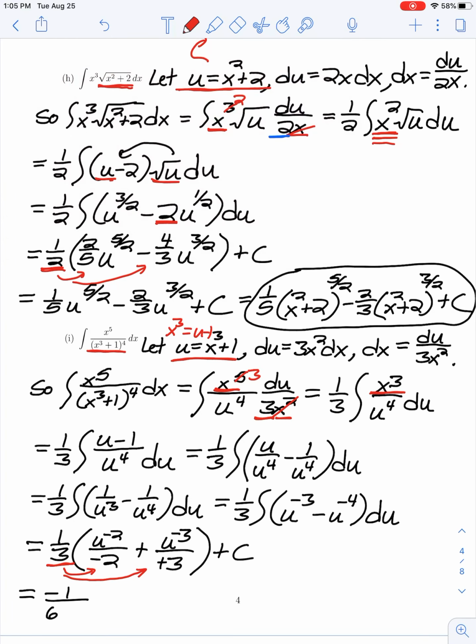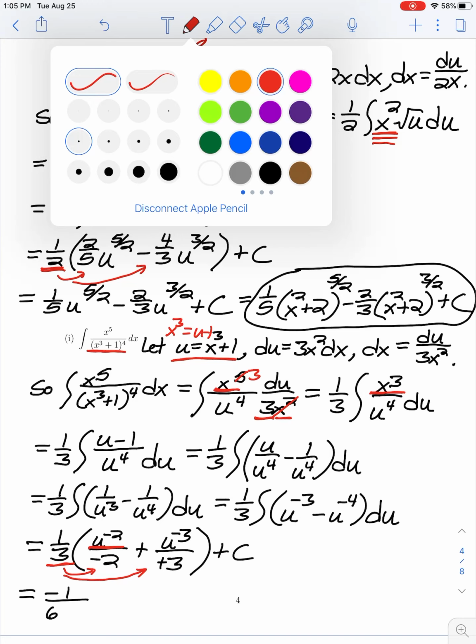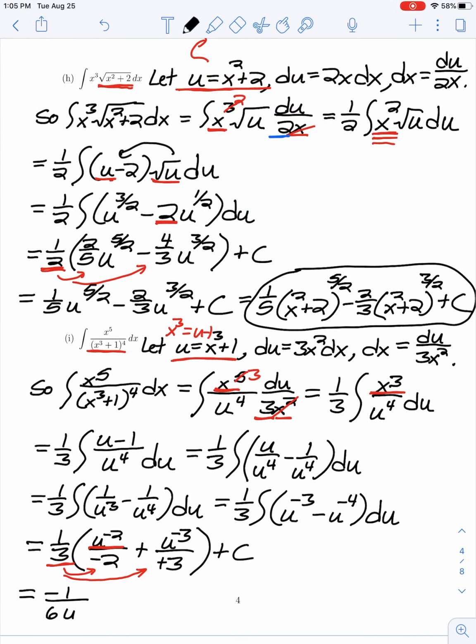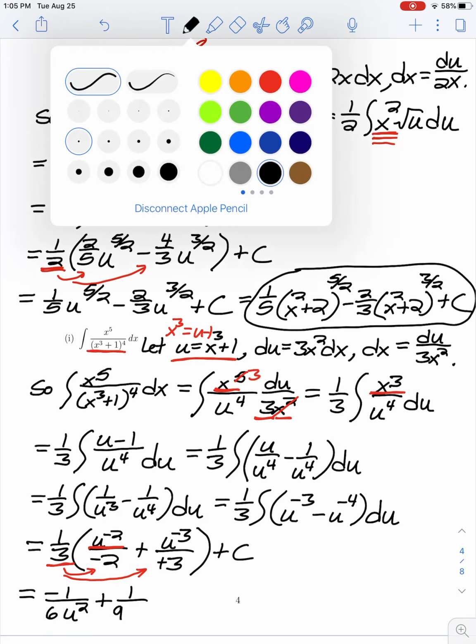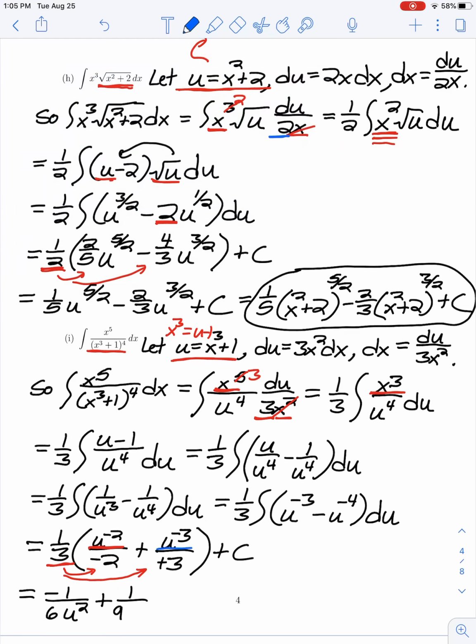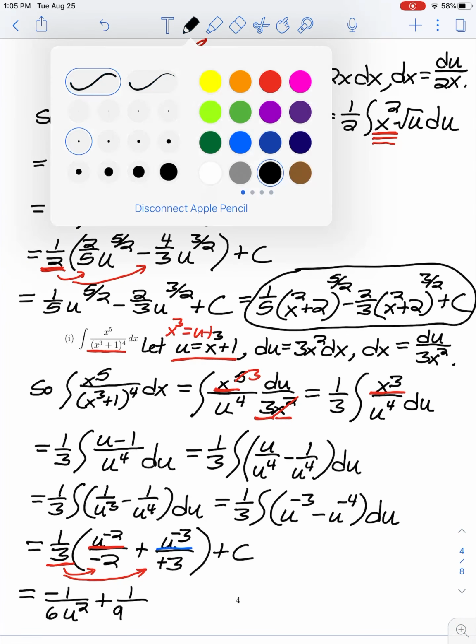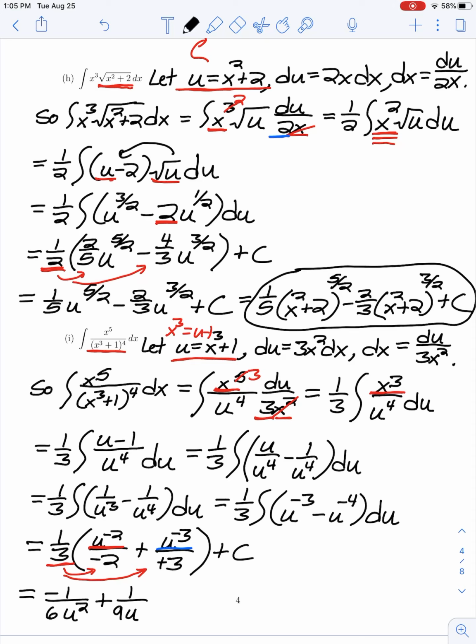And then this u to the negative 2 term is the same as division by u squared. And distributing the 1/3 to our second term, we have 1/3 times 1/3, or 1/9. And then this u to the negative third is the same as division by u cubed, with my plus c on the end.